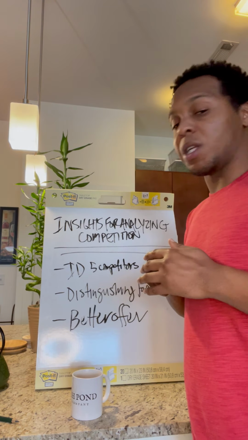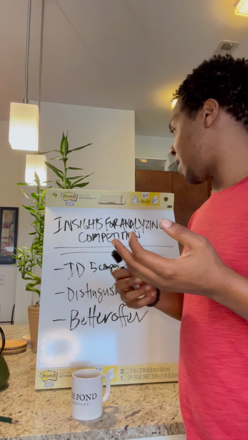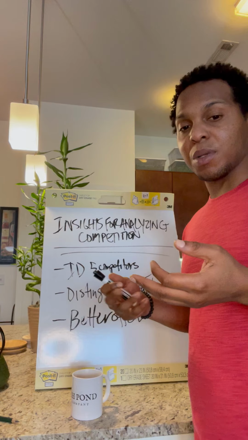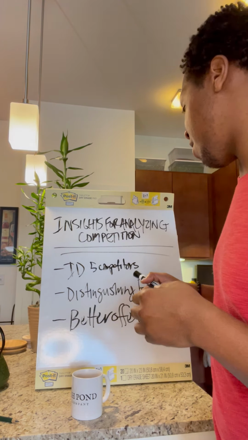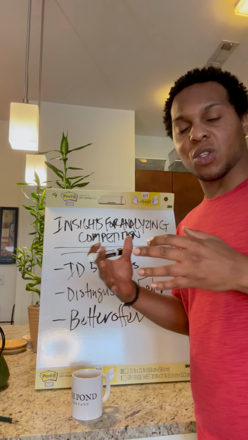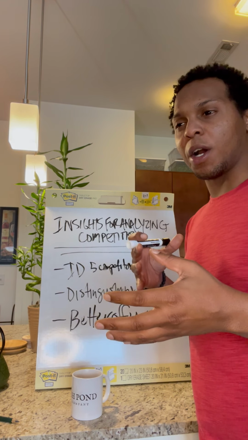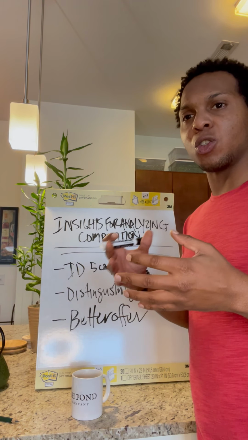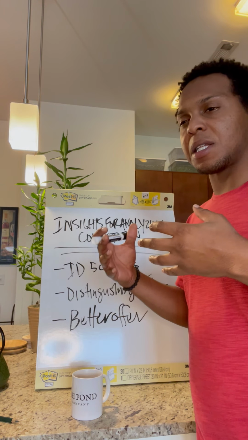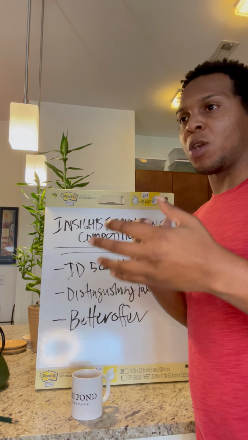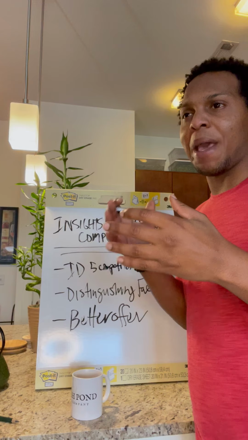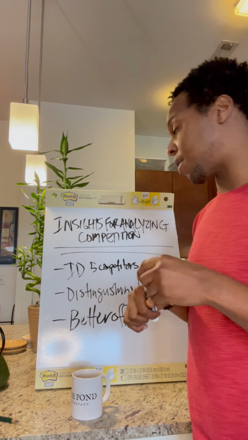So when you're thinking about some insights to consider for analyzing your competition, one, try to identify about 5 so you can really get a range of what style and what they're doing, so you can understand where you can then make some differentiation from your competitors.